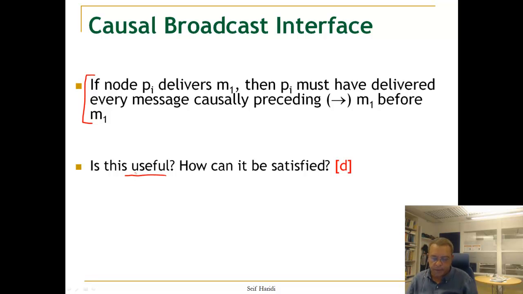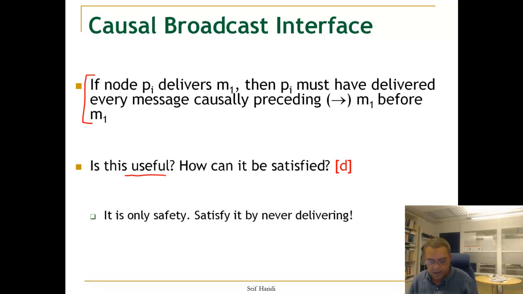The answer is, if you look carefully, this is only a safety property, and safety can always be satisfied by never doing anything. So you can satisfy this by just not delivering any messages, and that guarantees that you will never violate the causal order properties.